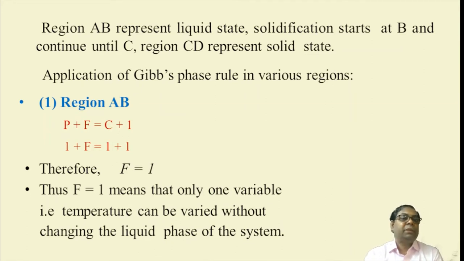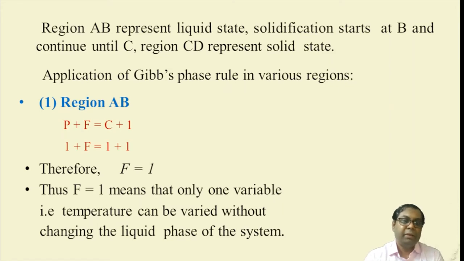Now region AB in the previous curve represents the liquid state. Solidification starts at B and continues until C. Region CD represents the solid state. Now application of Gibbs phase rule in the various regions, we can explain it in this way.